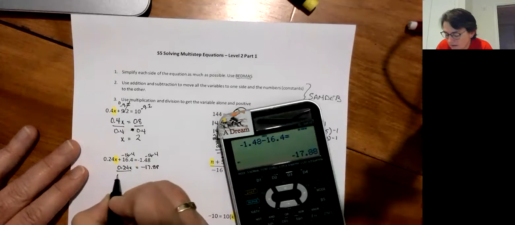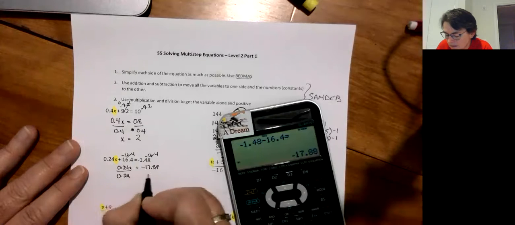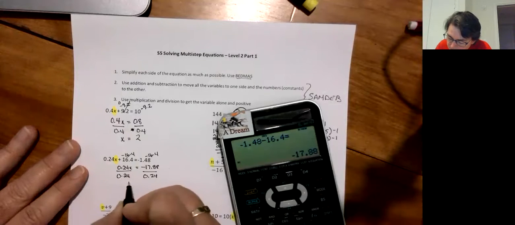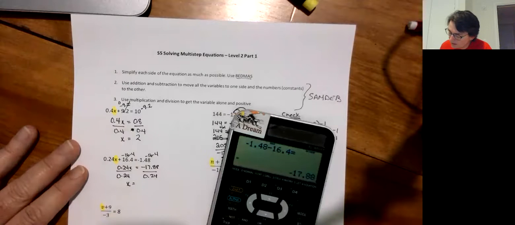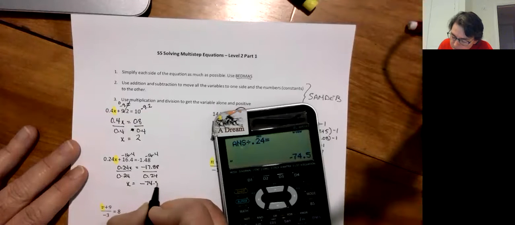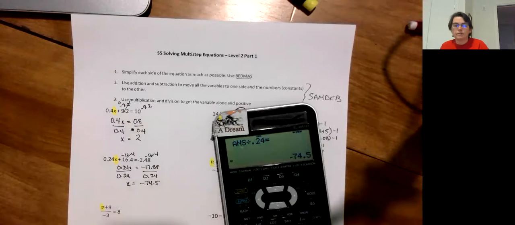And I'm going to divide by 0.24 on both sides to isolate the x. Negative 74.5. Cool.